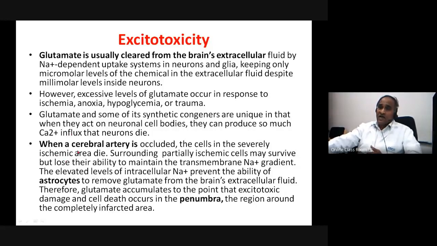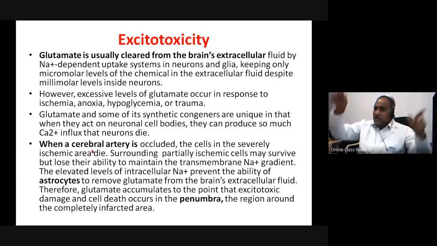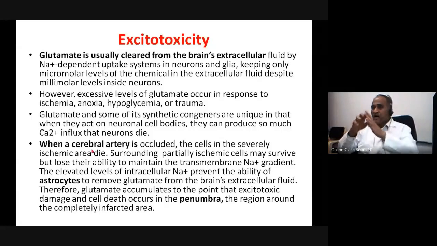Now, what happens in case of ischemia? Whenever a cerebral artery is occluded, as happens in a stroke, in the area of the artery supply, the central portion is an ischemic area. Definitely that ischemic area will die. But the area surrounding the ischemic area is known as the penumbra.